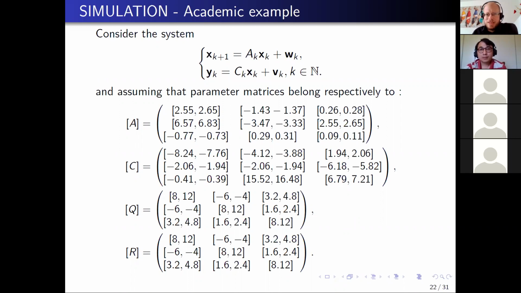The question is, did you consider or do you aim at using scenarios also where the matrices are really state dependent, that you have some matrix A of x, C of x times x? Do you aim at treating such scenarios in the future, or what is your proposition how to go on in this direction?